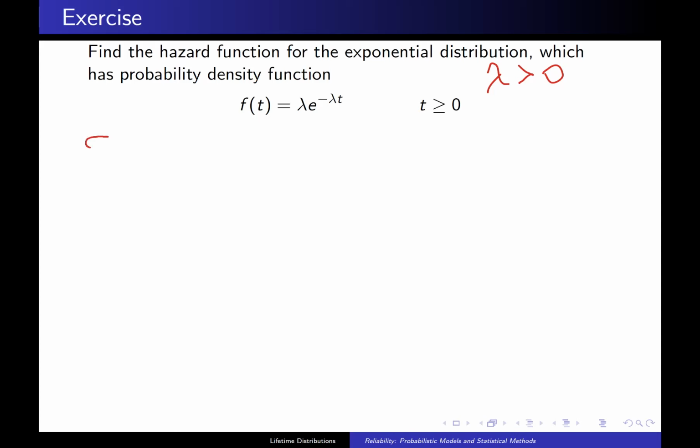So first of all, we start out with the survivor function, and the survivor function will be the integral of the probability density function. So we integrate lambda e to the minus lambda tau, and we use tau here as the dummy variable, d tau. We're going to integrate with respect to tau, and this integral will go from t to infinity.